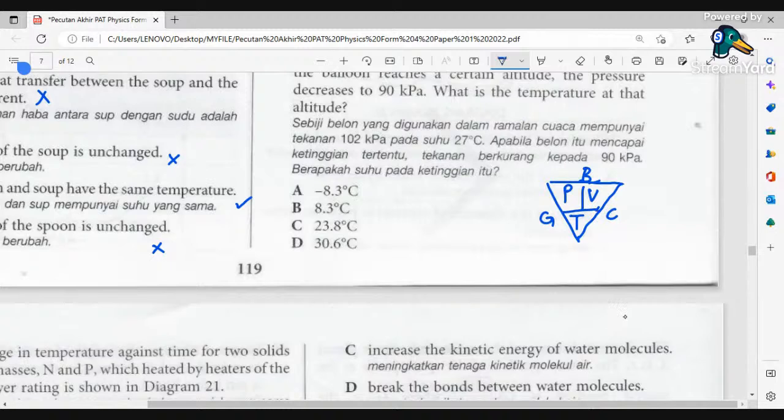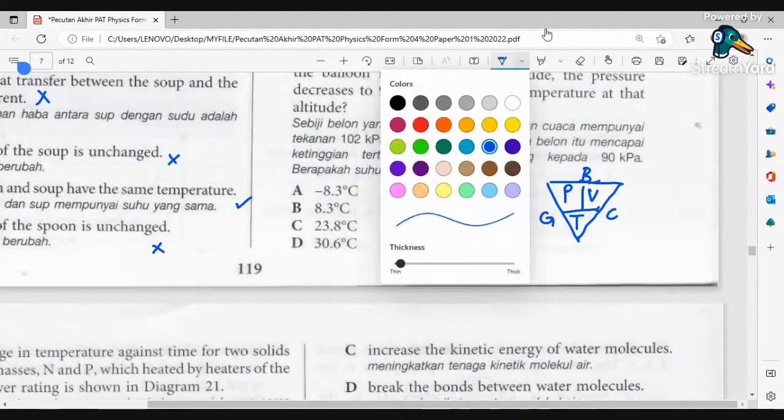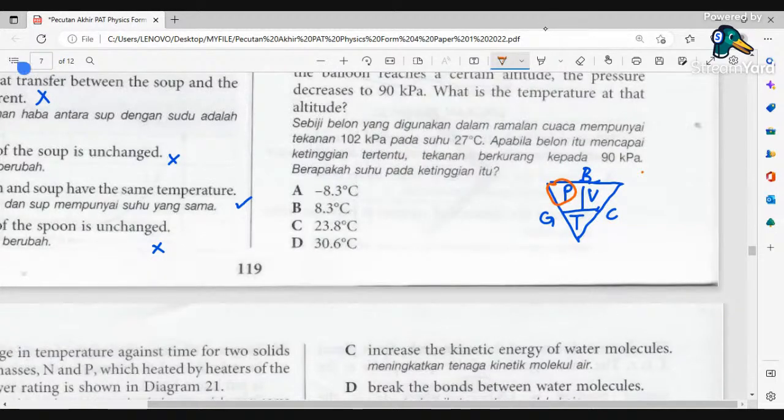Okay, relationship between P and T. Dia hanya mention pressure dengan temperature. Okay, maksudnya volume constant. So this one is Gay-Lussac's law. P1 over T1 equals P2 over T2. Pressure is directly proportional to absolute temperature. Temperature in Kelvin. So temperature you kena convert Kelvin.